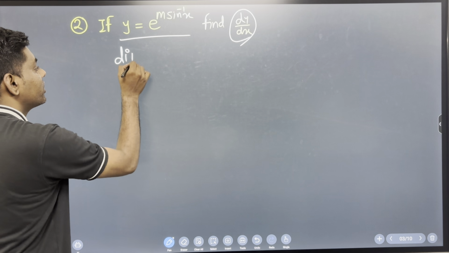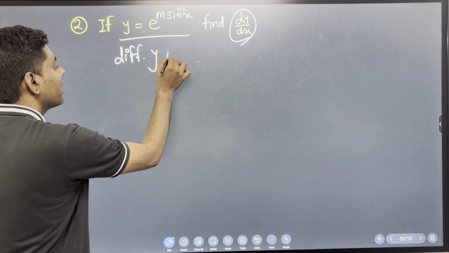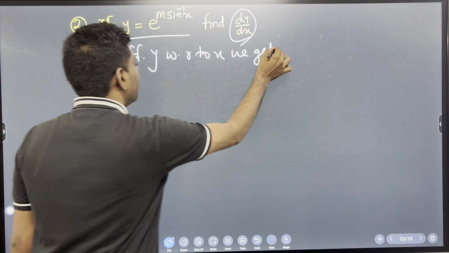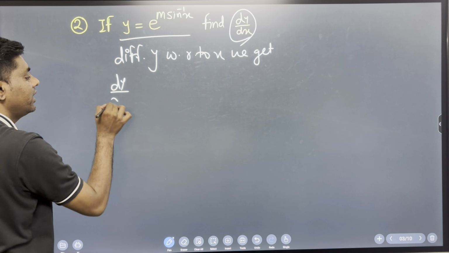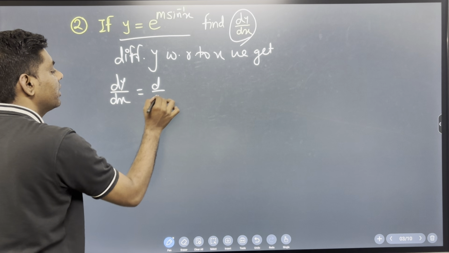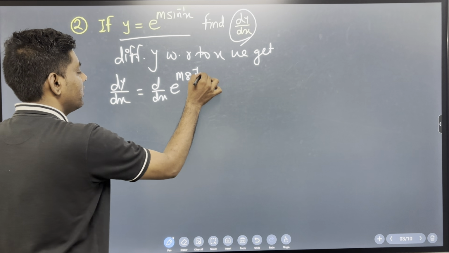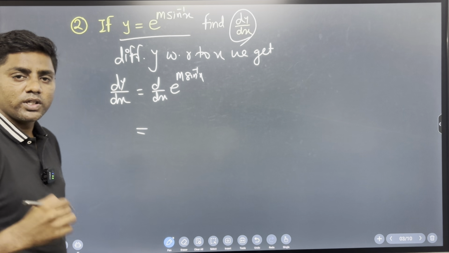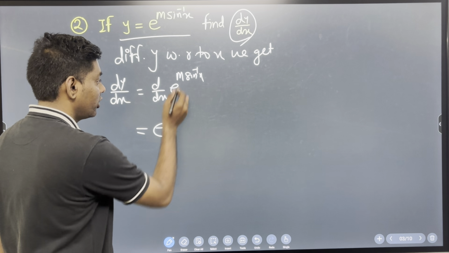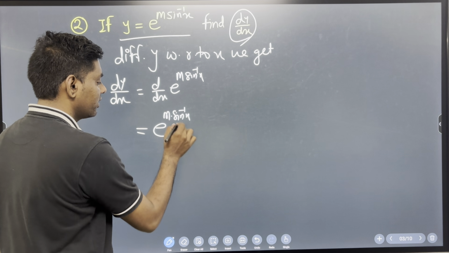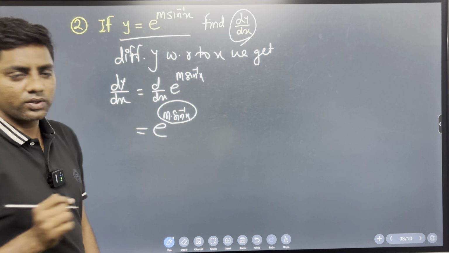Differentiating y with respect to x, we get dy by dx equal to d by dx of e raised to m into sine inverse of x. We know the derivative of e raised to x is e raised to x. Here we take the derivative of the complete exponent.